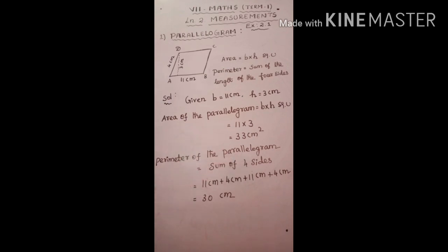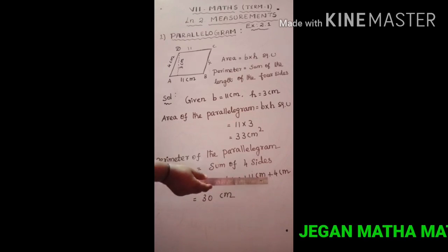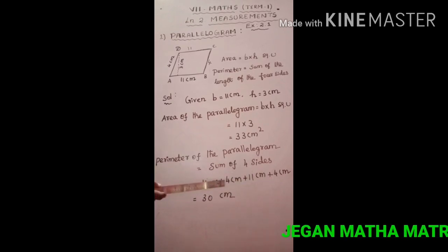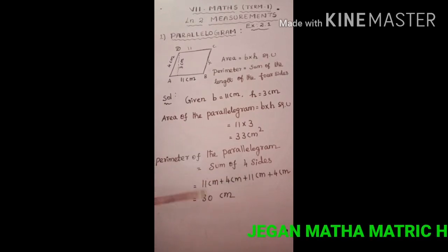Here AB is equal to 11 centimeter is one side, another side 4 centimeter, another side 11 centimeter, then another side 4 centimeter, because opposite sides are equal in a parallelogram. So the sum of the four sides is 11 plus 4 plus 11 plus 4. 11 plus 4 is 15, 11 plus 4 is 15. So 15 plus 15 is equal to 30 centimeter. So the perimeter of the parallelogram is 30 centimeter.